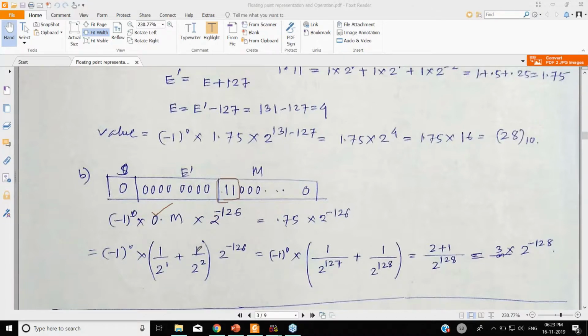If you evaluate this, the value will become 0.75, and 2 to the power minus 126. If you do a little bit of mathematics, you'll find the value. Don't worry about it. I'll provide you this PDF so that you can refer to it later.